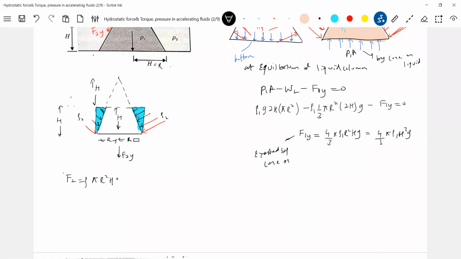Rho into pi r square h g. Rho g I'll bring outside. Then how to bring this particular volume into the total volume of the bigger volume? Shall we remove this smaller part of volume, the shaded volume?